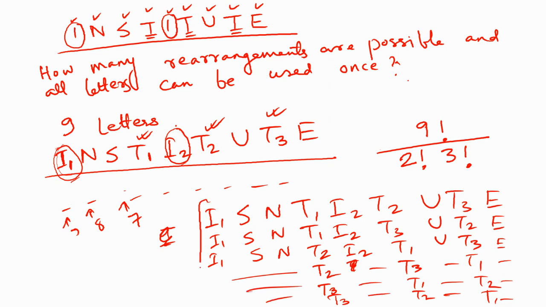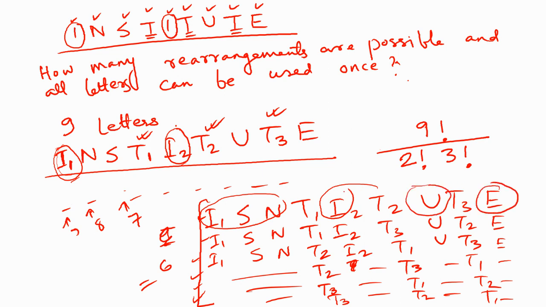So how many ways are there? One, two, three, four, five, six, six, right? So you see for a same scenario, when I1, S, N, I2, U, E are all at the same spot, there are 3 factorial ways the T1, T2, T3 can rearrange among themselves when all the rest of the spots are exactly the same.